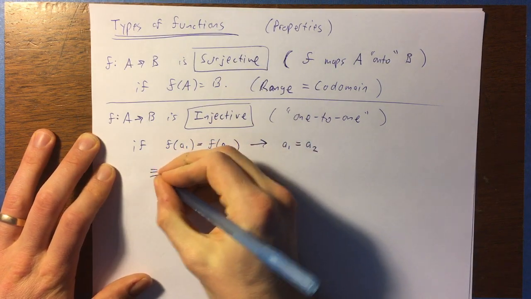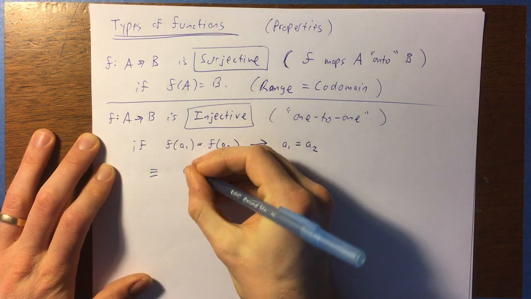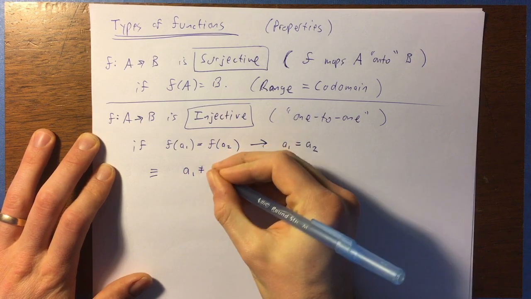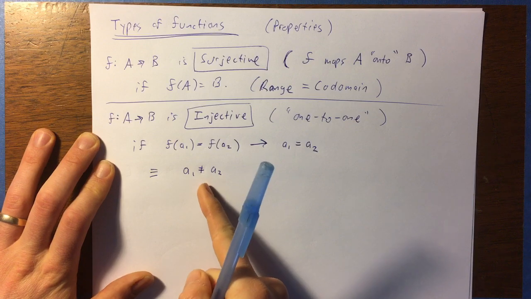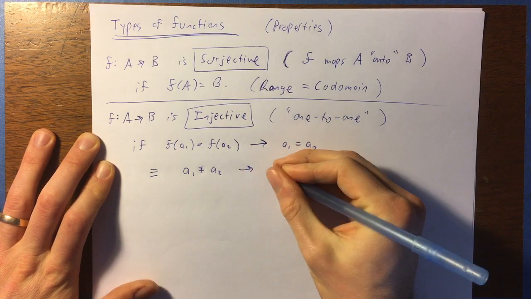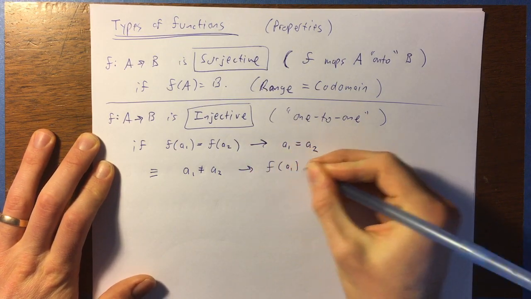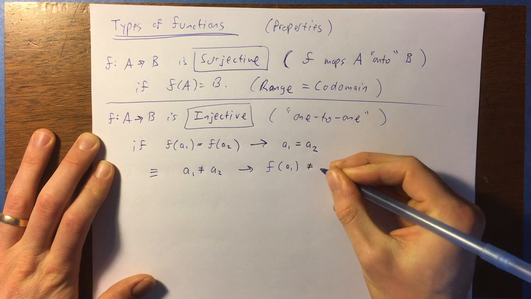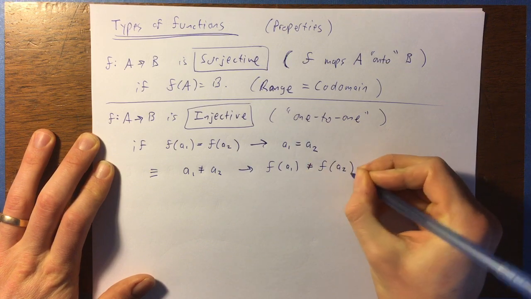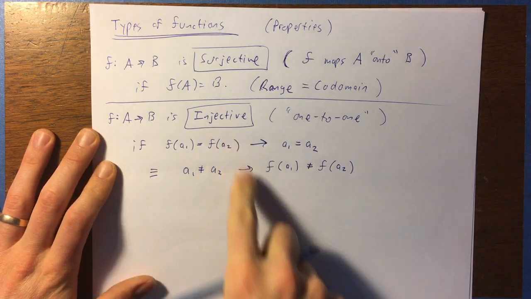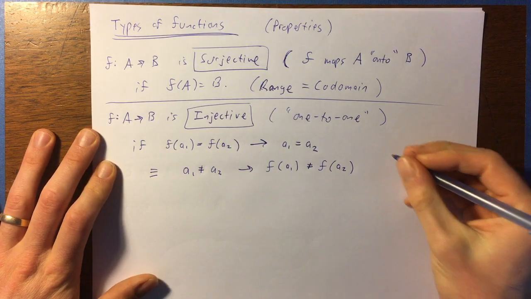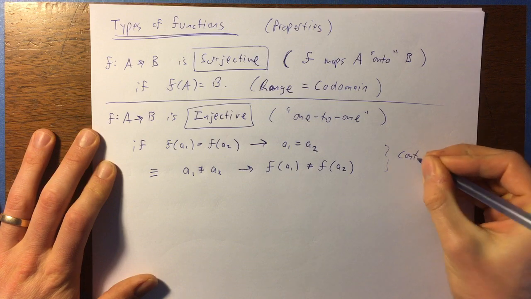An equivalent way to state that, which might be a little easier to think about, is if you have two different inputs, if the two inputs are not equal to each other, well, then that guarantees that the outputs are also not equal to each other. Okay, and these are equivalent to each other. These are really stating the same exact thing, and they're equivalent because they're contrapositives. So I just want to point that out.